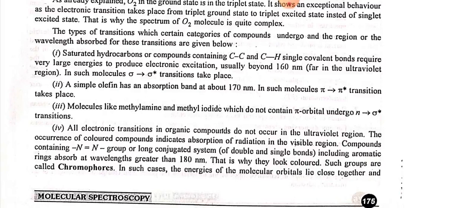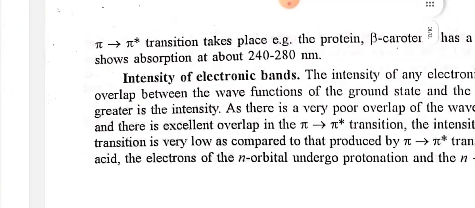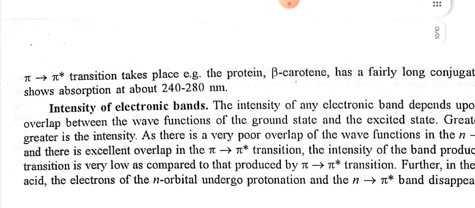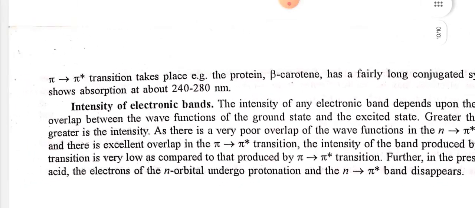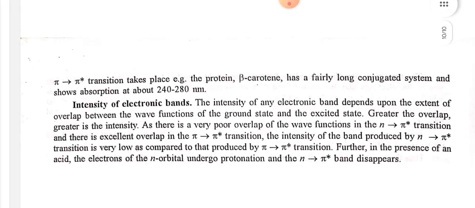That is why they look colored. Such groups are called chromophores. In such cases, the energies of the molecule's orbitals lie close to each other and pi to pi star transitions take place. For example, beta carotene has a fairly long conjugated system and absorbs light at about 240 to 280 nanometer.